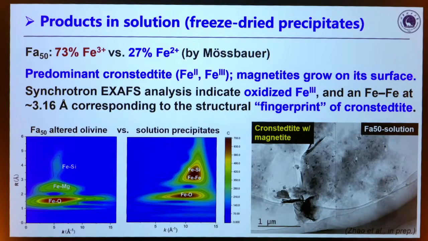We freeze-dried the precipitates, and by Mossbauer more than 30% of the products are Fe3+, predominantly cronstedtite. On the right picture, you can see magnetite growing at the nanoscale on the serpentine surface. The synchrotron analysis is also consistent, showing oxidized iron and the fingerprint of cronstedtite.